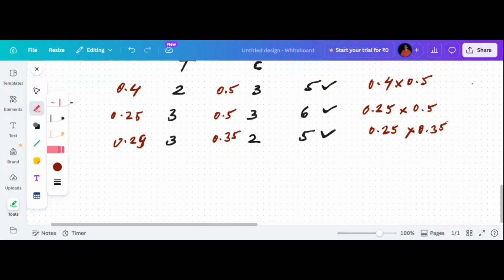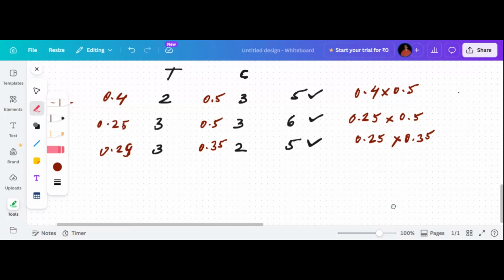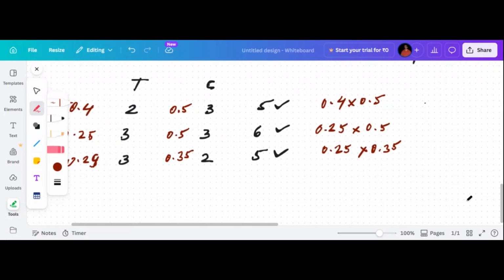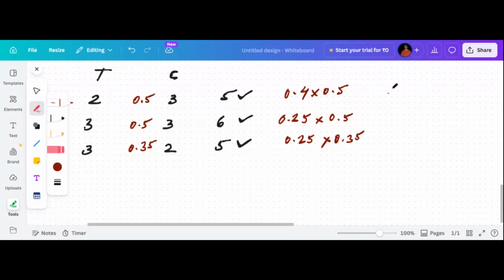So how much is this? 0.4 into 0.5 is 0.2. 0.25 into 0.5 is 0.125.